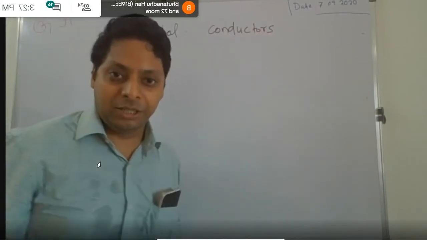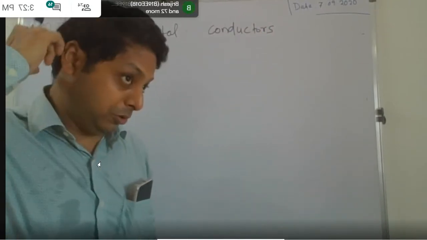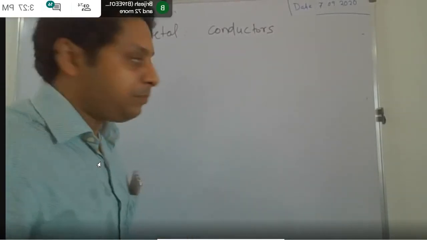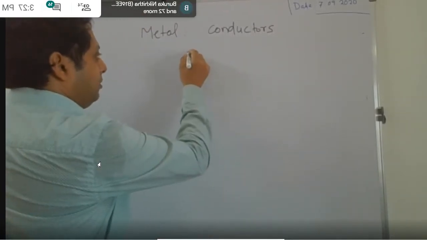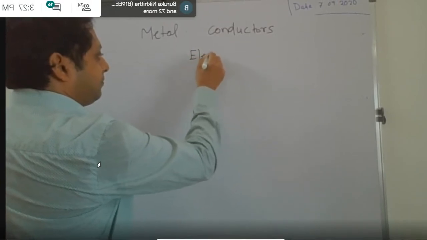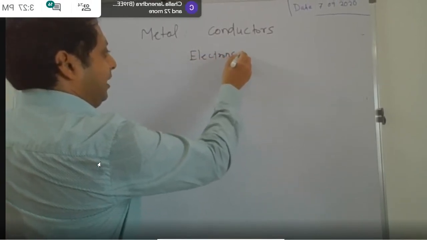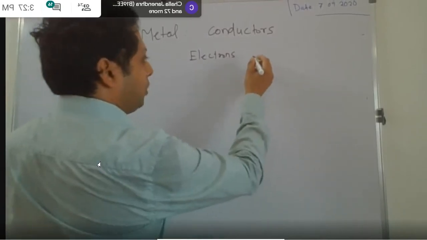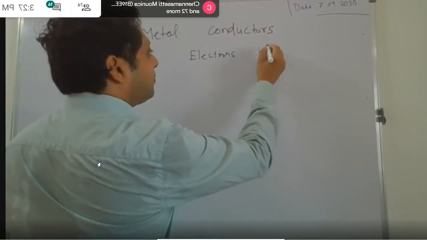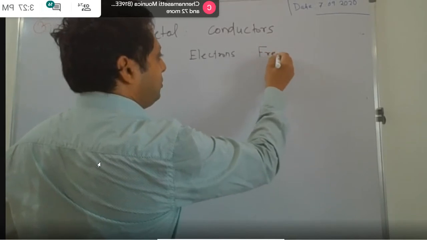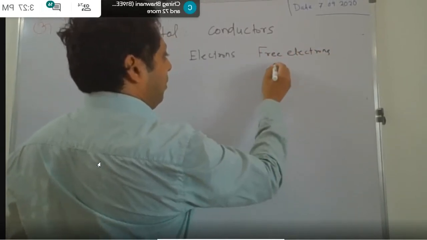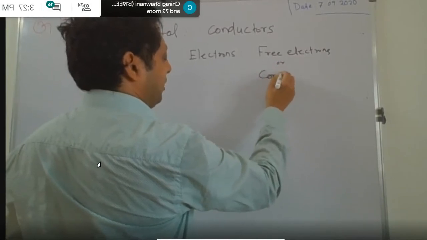They conduct electricity, which you use quite a lot. And this conduction comes from the electrons. These electrons which participate in conductivity are known as free electrons or conduction electrons.